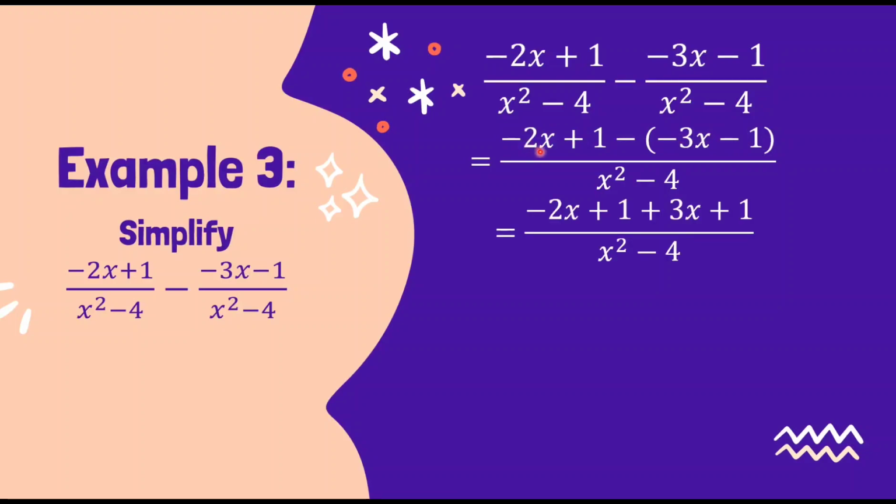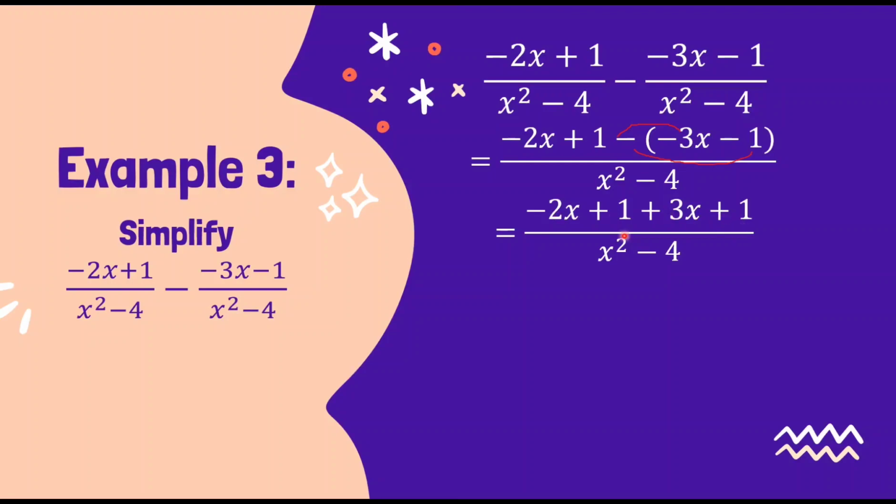We have negative 2x plus 1, then negative times negative 3x is positive 3x. Then negative times negative 1 is positive 1. Can you follow? So we have negative 2x plus 1 plus 3x plus 1.